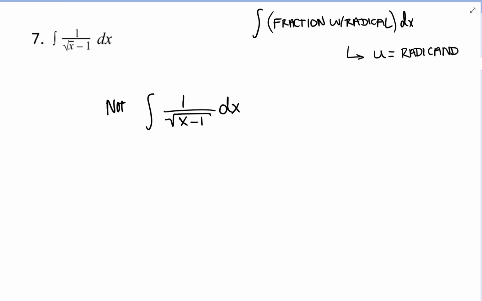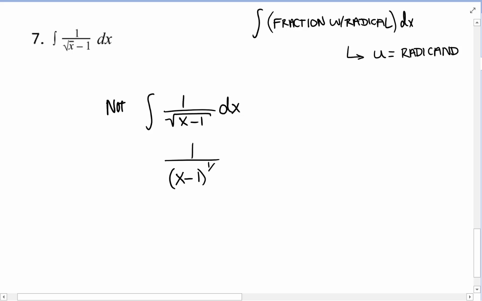This one's a little different. Remember that when we would integrate some fraction with a radical, then u was usually equal to the radicand. But that was when you could write the entire quantity, like an entire numerator or the entire denominator, as a power. As in this case, we could write this as x minus 1 to the 1/2.